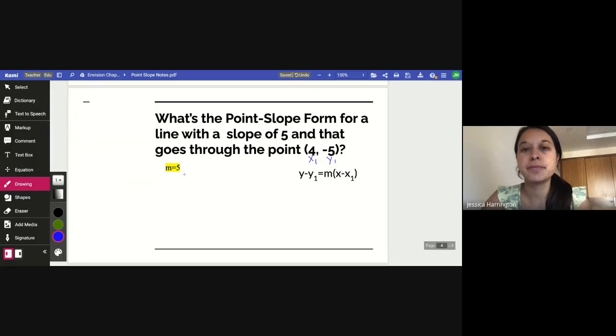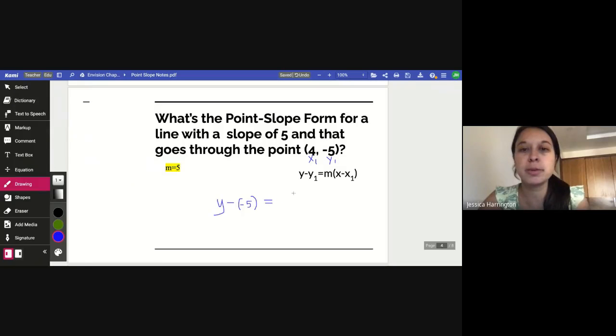So let's write it. y minus y1. So minus, well, what's y1? -5. I'm just going to put -5 in parentheses so I don't get those two negatives mixed up. Okay, minus -5 equals m.